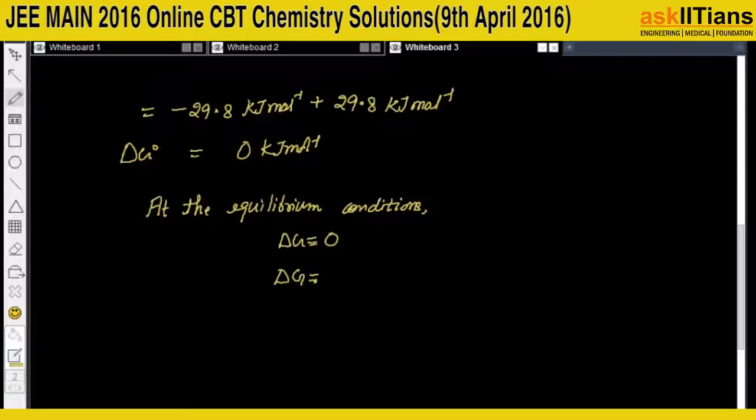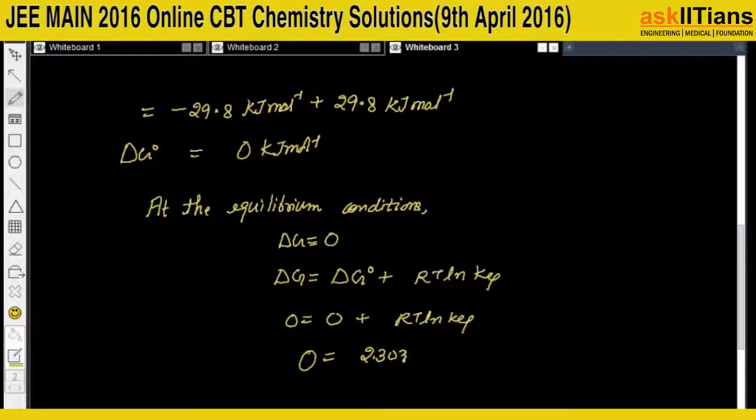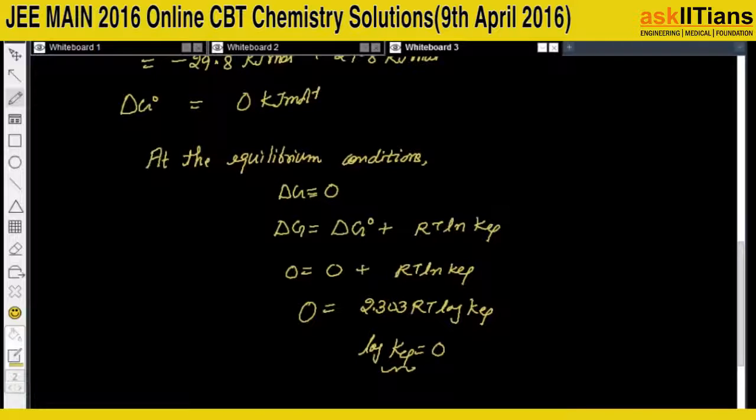So the relationship that we have written earlier, delta G is delta G naught plus RT ln K equilibrium, 0 is equal to 0 plus RT ln K equilibrium, which can also be written as 0 is equal to 2.303 RT log of K equilibrium. So that means log of K equilibrium comes out to be 0. Log of any quantity comes out to be 0 only and only if the quantity will be 1. So I can say that the K equilibrium value will be 1 in this case.